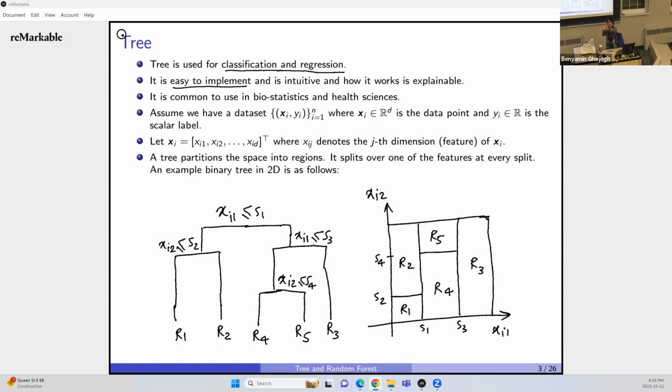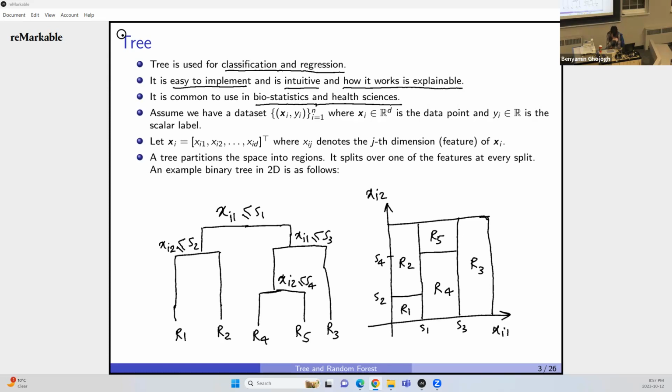Those child nodes also become the parent node of several other children. So that's the reason a tree is recursive. And also it is intuitive, because one of the problems of some complicated machine learning algorithms is that they are not explainable very well. A tree is explainable, right? It's easy to understand. It's intuitive, and how it works is explainable. It is commonly used in biostatistics and health sciences.